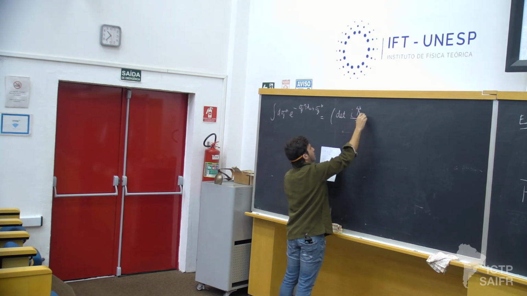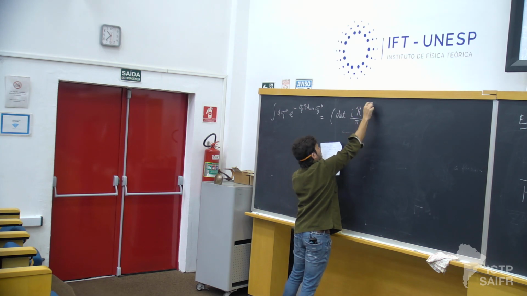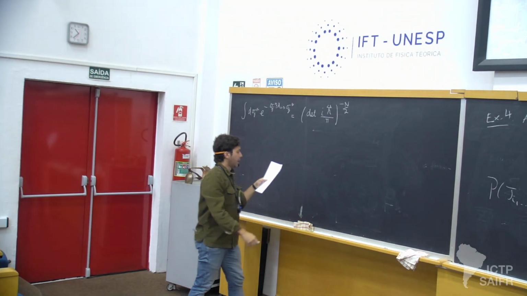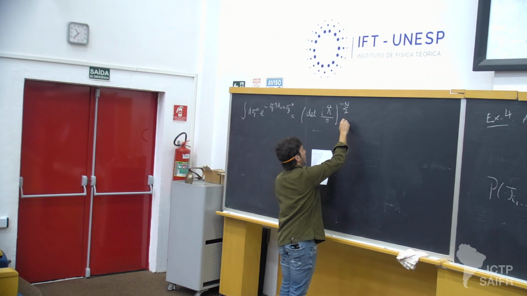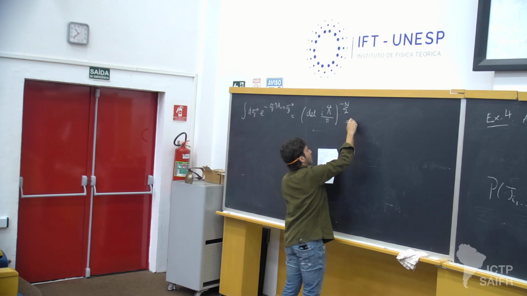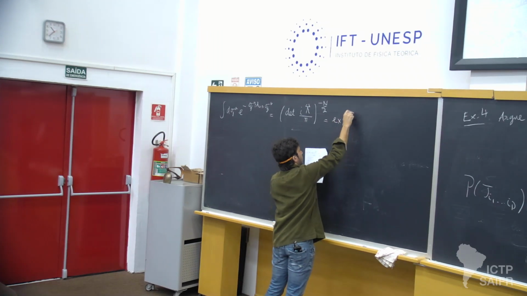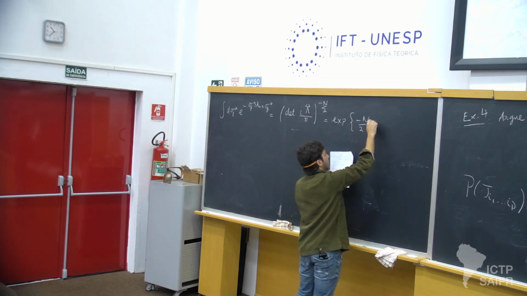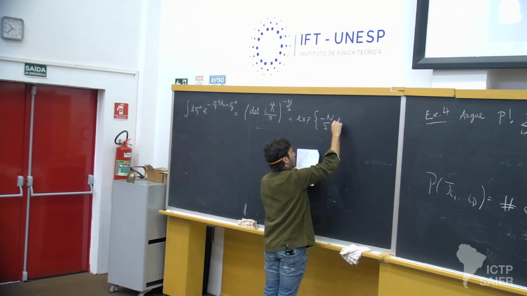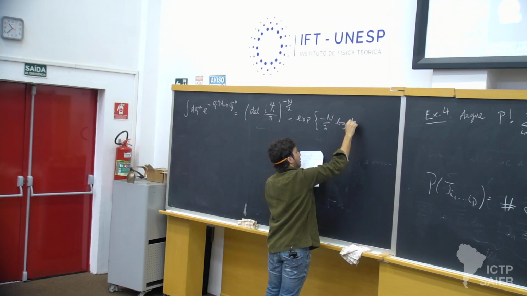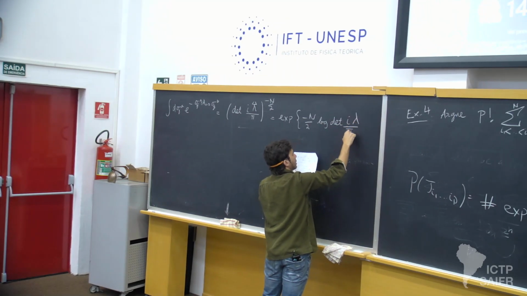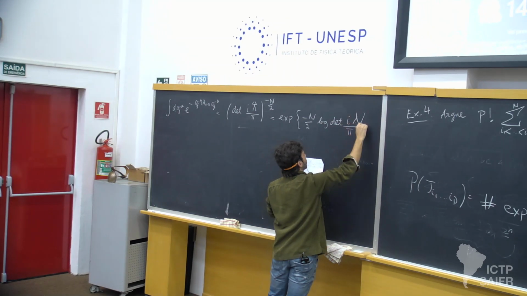over pi to the minus n over 2. I'm going to write that as e to the minus n over 2 log det of I lambda over pi. This is the matrix.